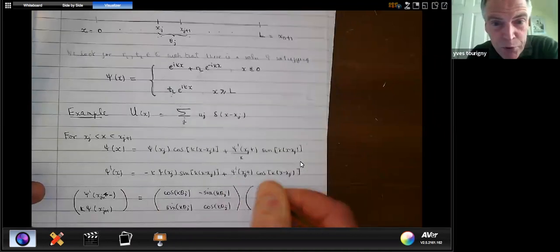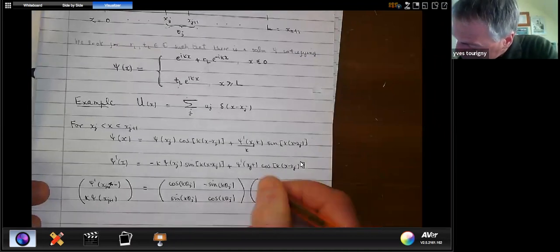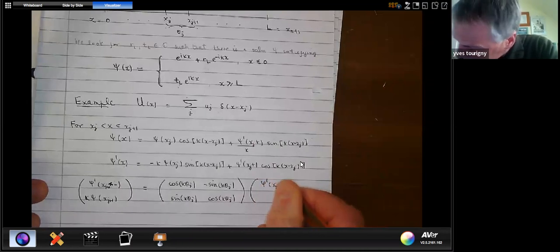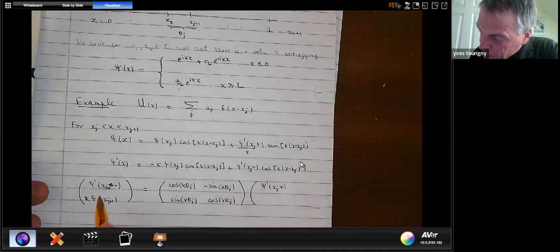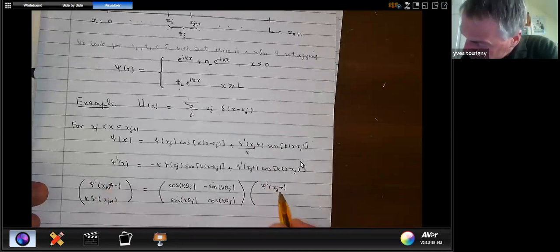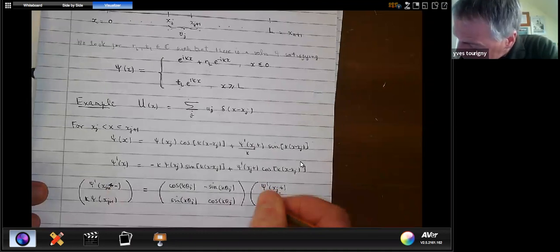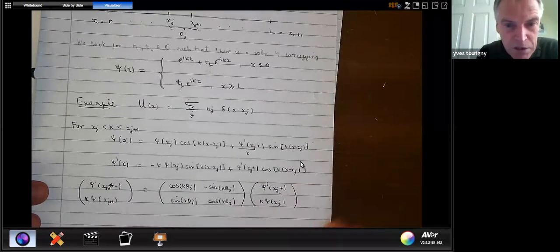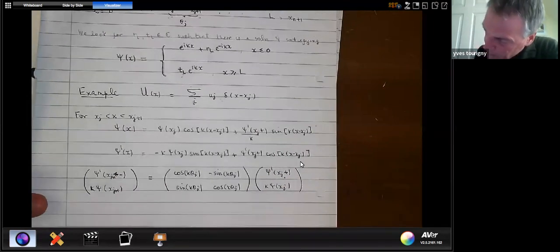And what we need to put here is this. Here I'm looking at the derivative from the left, but at the other end I'm looking at the derivative from the right, and the psi is continuous, so we don't need to indicate the limit there.